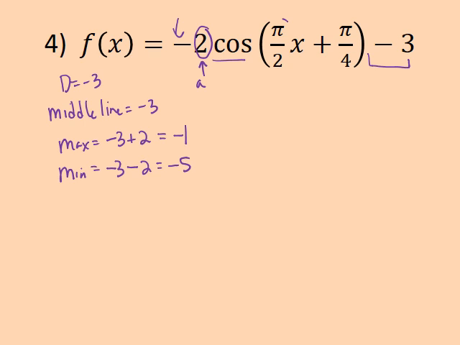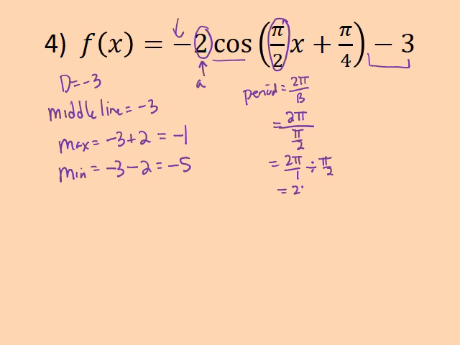Now our period is based on our b value. So our b value is the coefficient in front of the x. So as we know, period is 2 pi over the absolute value of b, but this is positive. So we have 2 pi divided by pi over 2. So we have 2 pi over 1 divided by pi over 2.